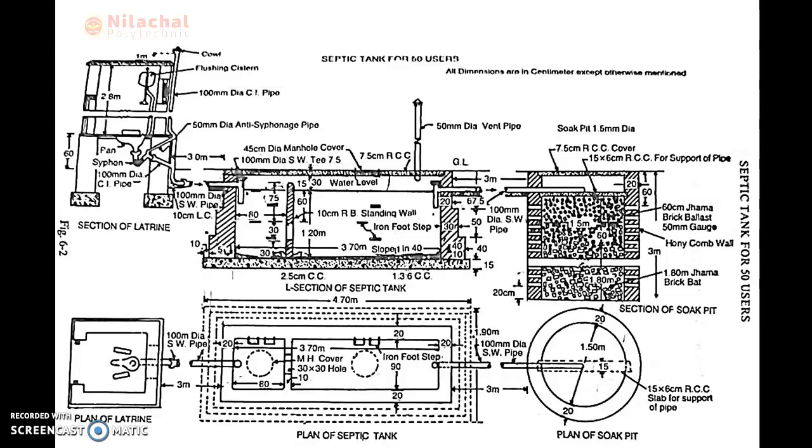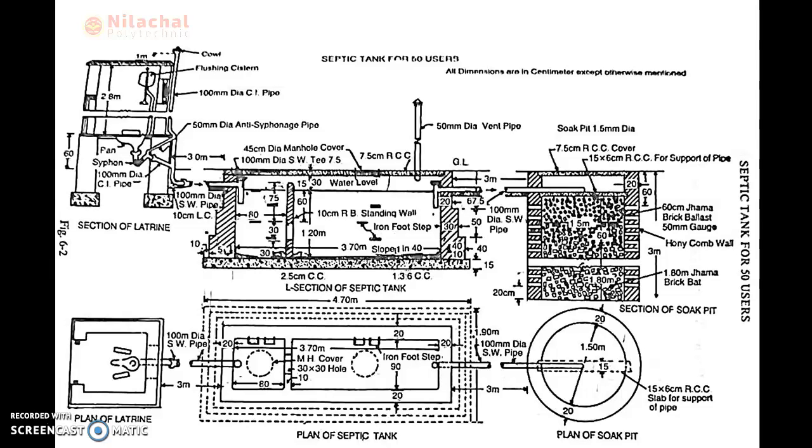The 2 walls are provided, and a 40 centimeter diameter manhole is provided, and a 100 mm dia SW pipe, and a 7.5 centimeter RCC cover is also provided. Then a 15 mm dia vent pipe is provided for ventilation in the septic tank.